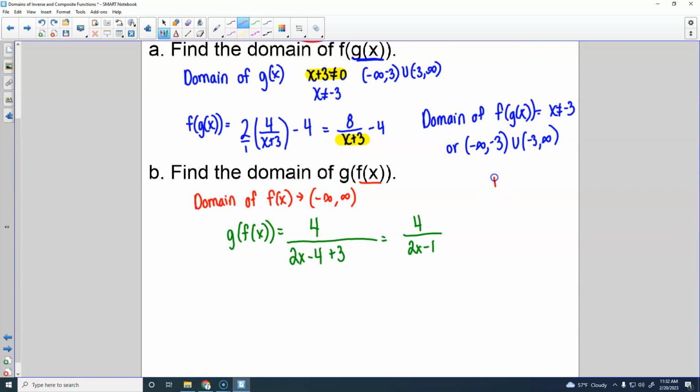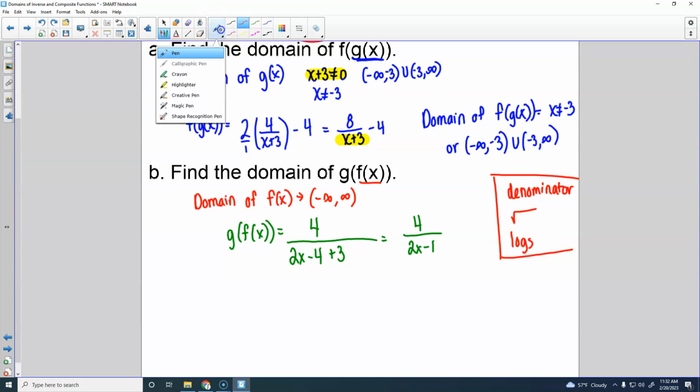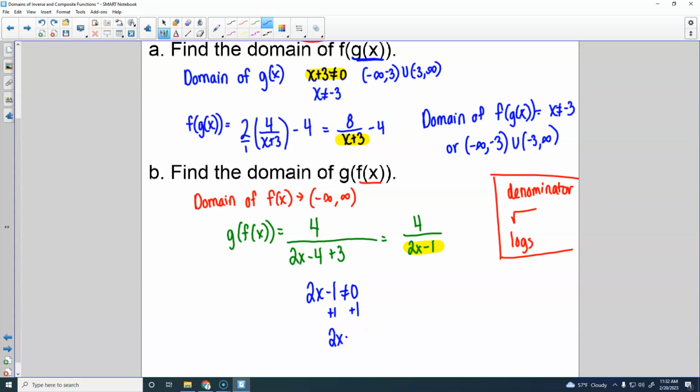Do I have any denominators, square roots, or logs? And of course we have a denominator right here. So that denominator cannot equal what? 2x minus 1 cannot equal 0.